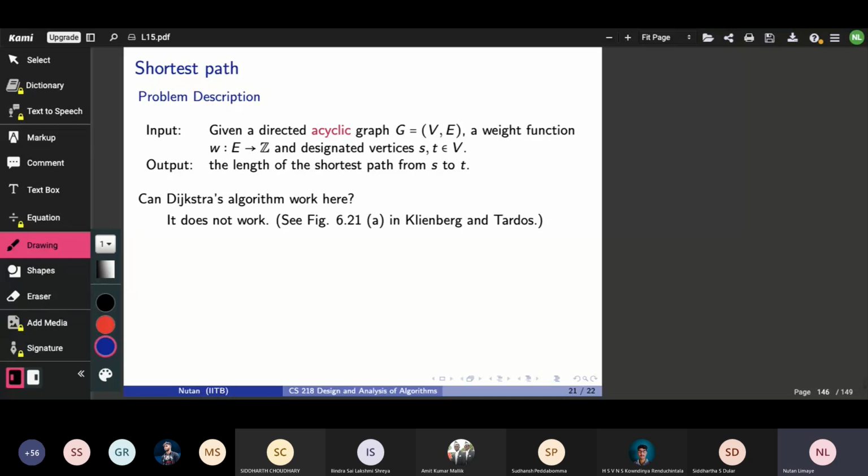Okay. But here is a very simple reason why Dijkstra's algorithm may not work. This picture is from the textbook itself. You can come up with many such examples, of course.